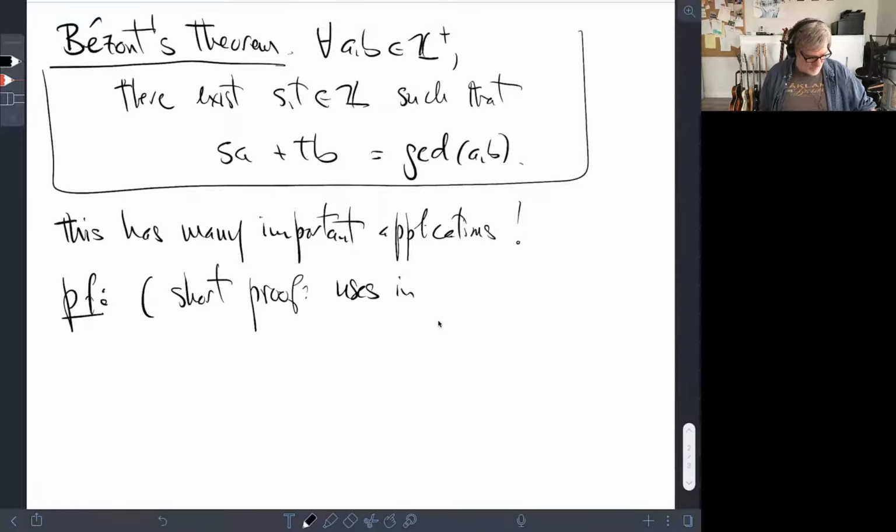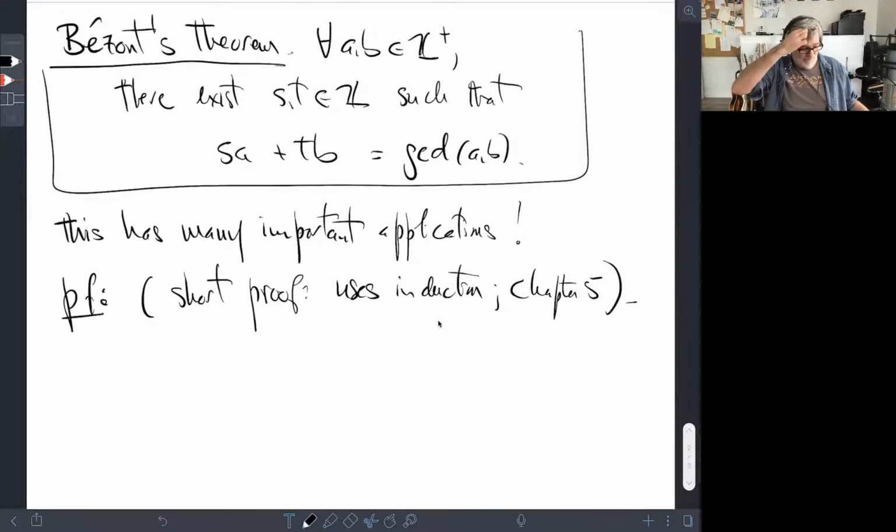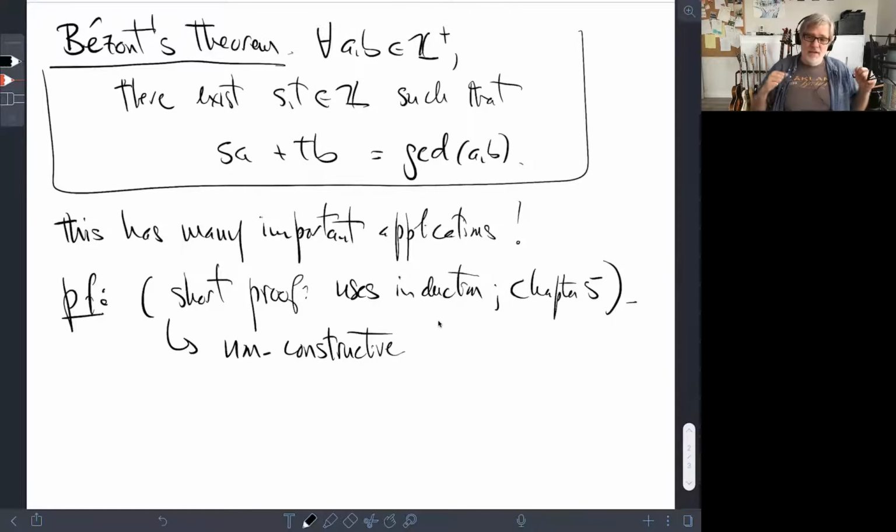We'll do it at that moment. On the other hand, this is a non-constructive proof, in the sense that it just shows you that there are s and t that will do the job, but it doesn't tell you what they are. But for us, it is really important to be able to find those s and t.